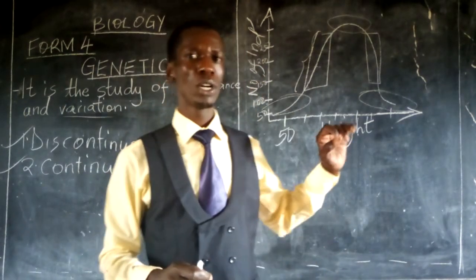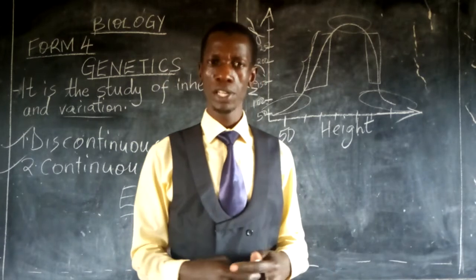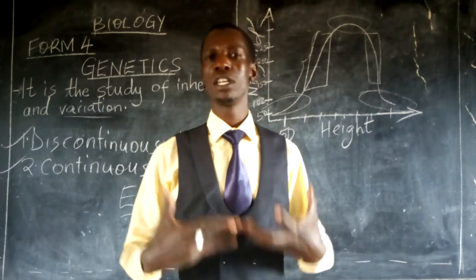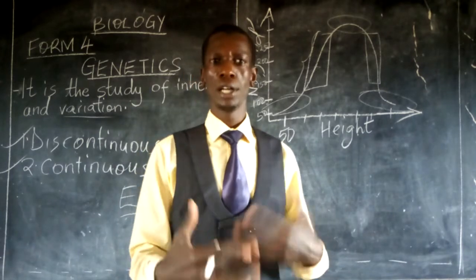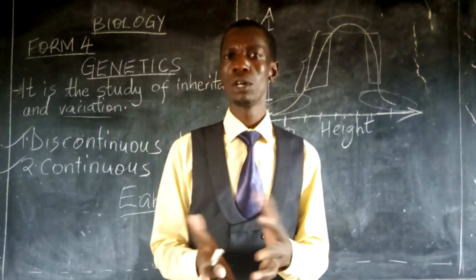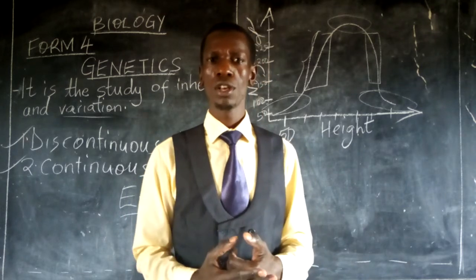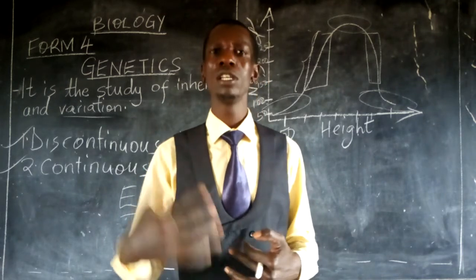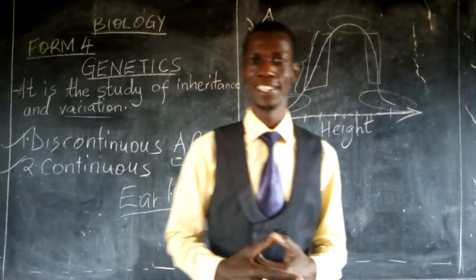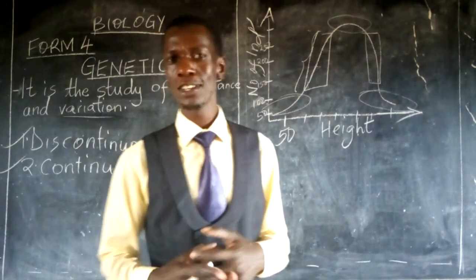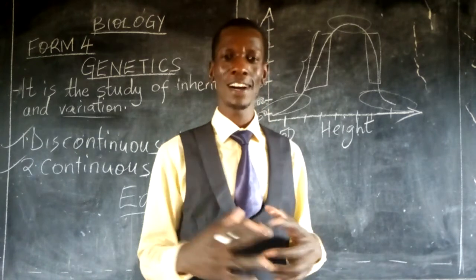And that is what I was trying to explain using the normal distribution curve that we obtain when we consider the ranges found in a continuously varying characteristic. That marks the end of our second lesson.